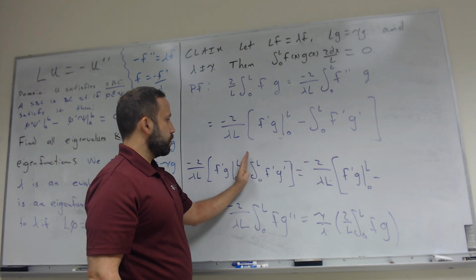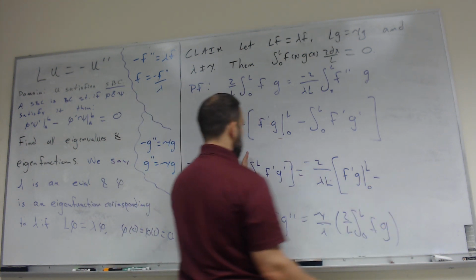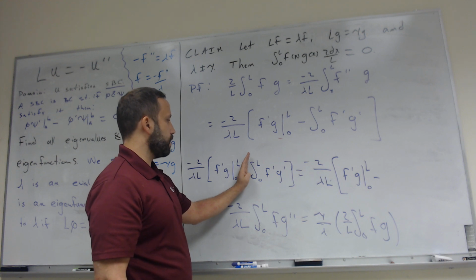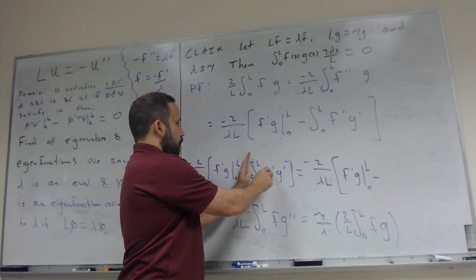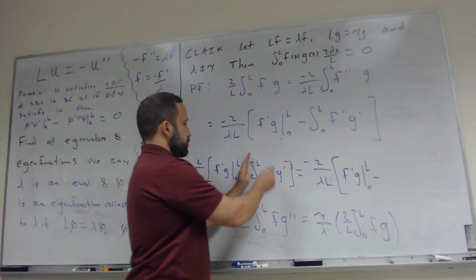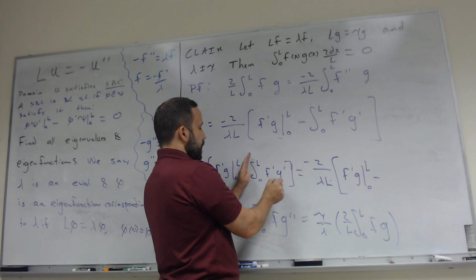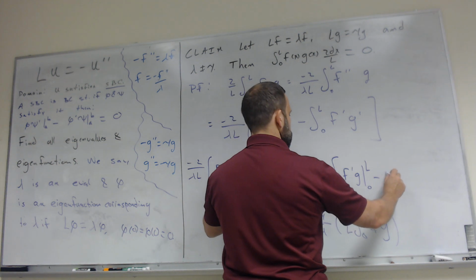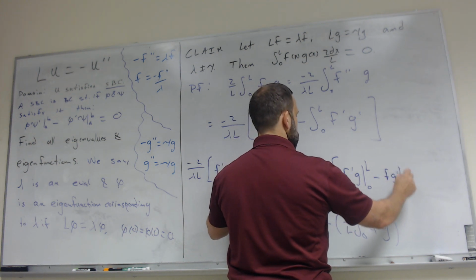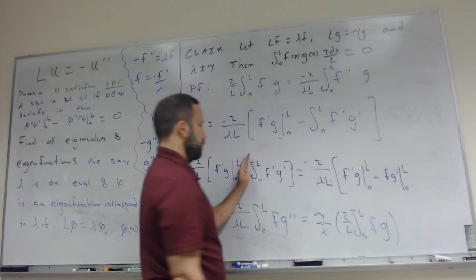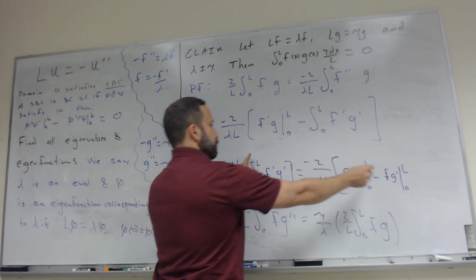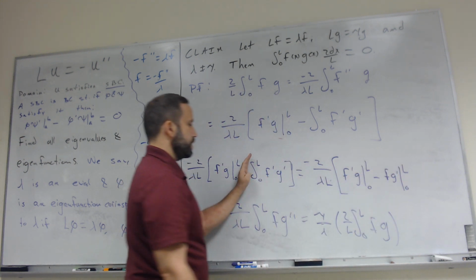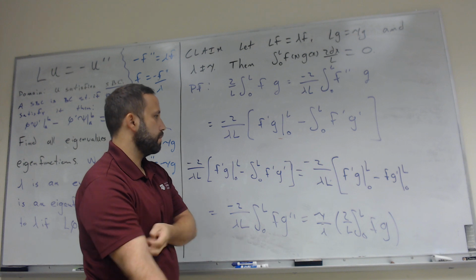So I'm going to be doing integration by parts, and I want to take the derivative off of F and put it on G. So this is like my V prime, and this is like my U. So it's going to be FG prime from 0 to L. Okay, and there's parentheses here, so it's minus the integral, but there's a minus sign, so it's going to be plus.